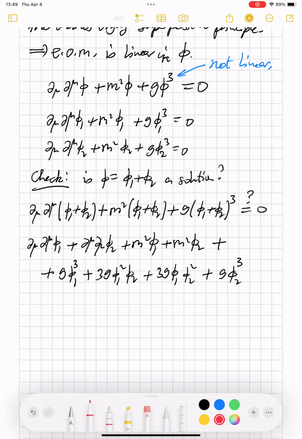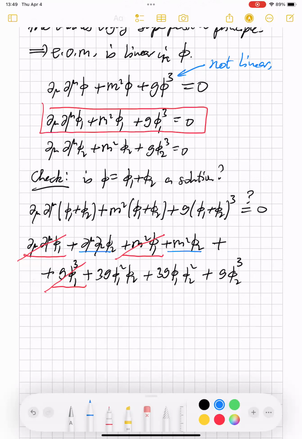And now notice, if I take this term, add it to that term, add it to that term, that vanishes because phi 1 obeys the equation of motion. So those terms I can drop. And this term plus that term plus that term also vanishes by the equation of motion for phi 2. So I can drop those terms.